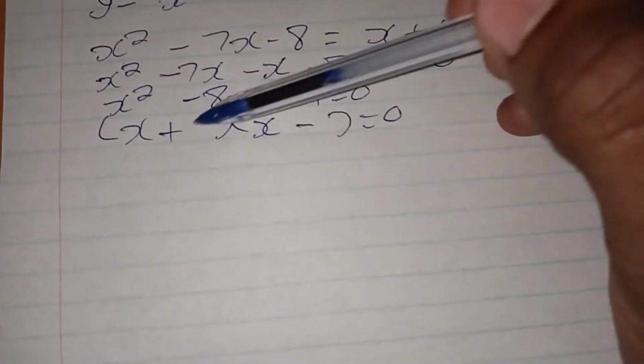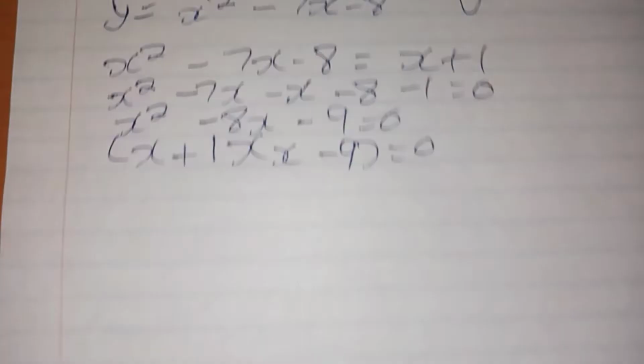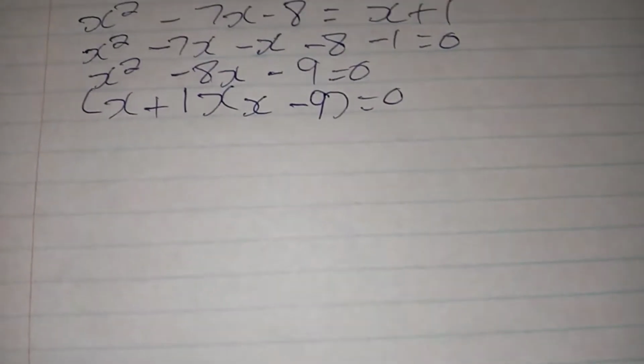And the bigger factor will have to go with the sign of the coefficient of x. The sign of the coefficient of x is negative. So the bigger factor is 9, and we'll have 1 here. So just to finish everything out, we'll have x is equal to -1, or x is equal to 9.